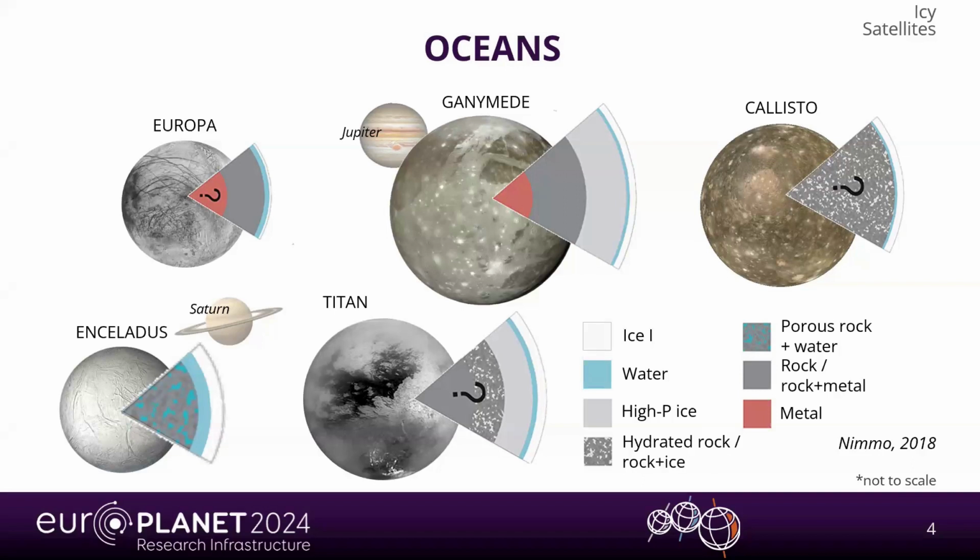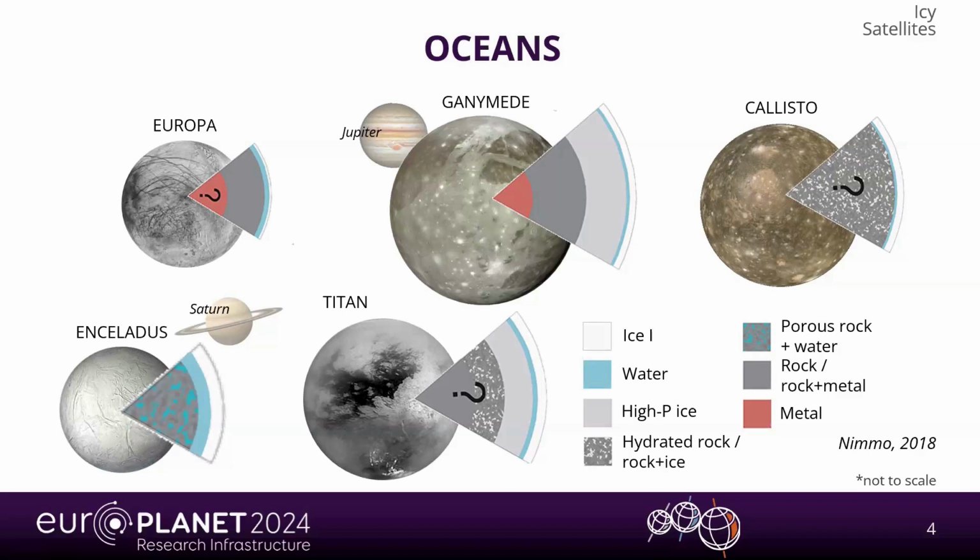And some of them show evidence for liquid layers below their icy crust. So such liquid layers, or better, global oceans that occur below such crust make them a first-class target for the search of habitability in the solar system.